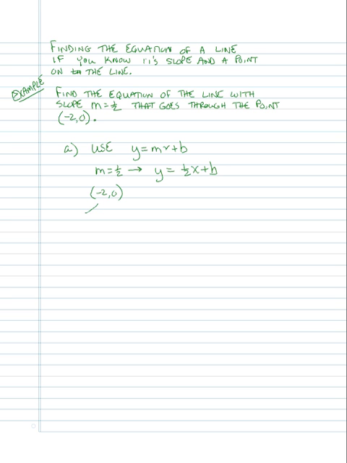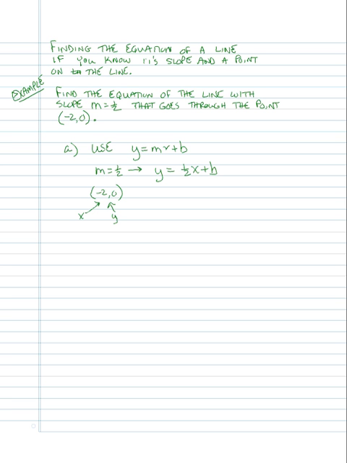Remember, that's an x value and that's a y value. For a point to be on a graph, whether it's a line or any other kind of graph, it means the x value and the y value of that point make the equation that's being graphed true.